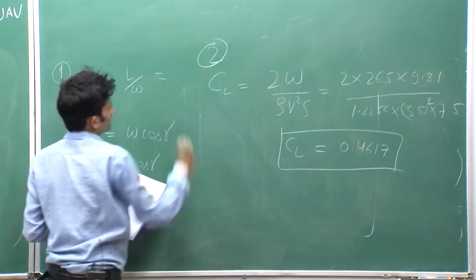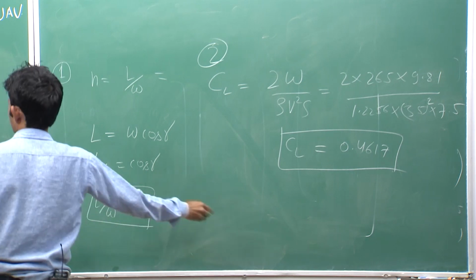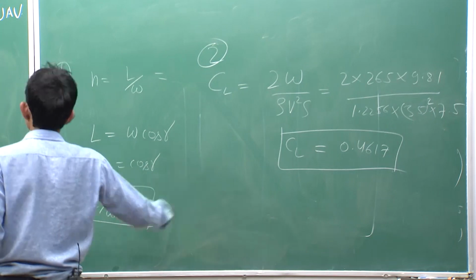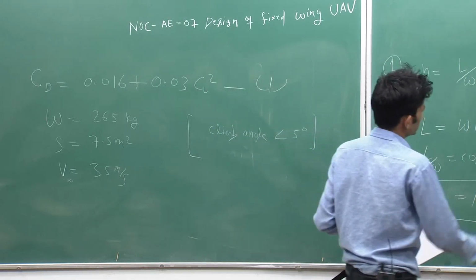In the third question you have to find the value of CD. You know the CL, just put the CL in equation 1 and you will get the value of CD.